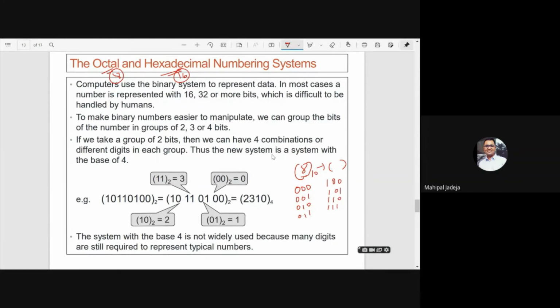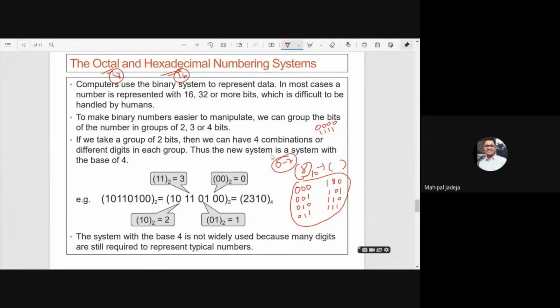So 3 bits are sufficient if I want to represent numbers from 0 to 7, and that is nothing but the octal representation. Similarly, for hexadecimal representation, using 4 bits, 16 different combinations appear from 0 0 0 0 to 1 1 1 1, and that is my hexadecimal system.